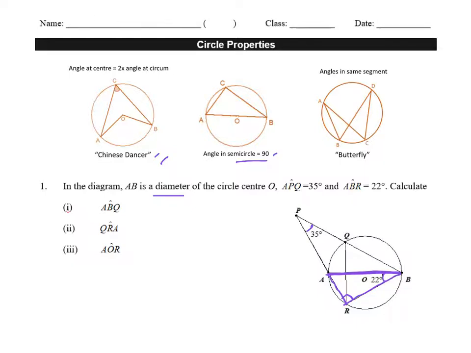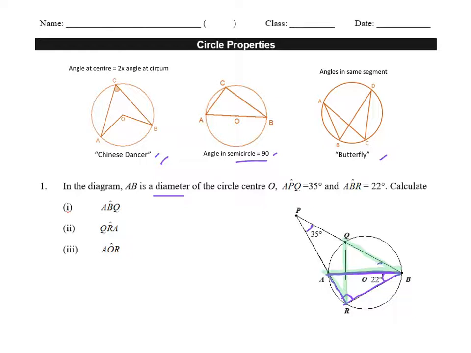Do you see any butterfly? Not at the moment. Yes, I do see a butterfly. I saw this over here. You see the butterfly? So this is the angles in the same segment. Now let's see whether it'll be useful or not. The question says, now find angle ABQ.